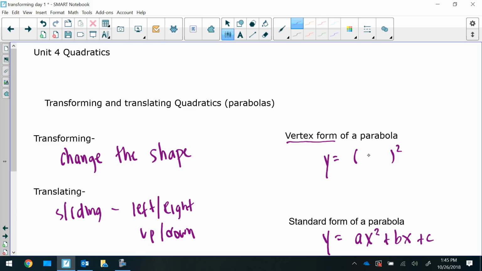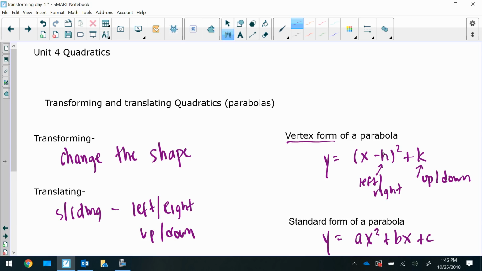If I have an x squared, that's the beginning part of any parabola. If I add a number at the end, that moves my parabola up or down. If I add in a number in the middle, this moves my parabola left or right.